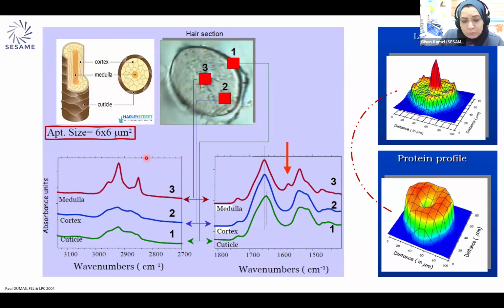So if I want to investigate this cross section of the hair with the conventional IR with the globar source, it will be quite messy because there will be a lot of noise. So you are getting noisy data, but with the synchrotron, you can get a higher signal to noise ratio than with the globar.